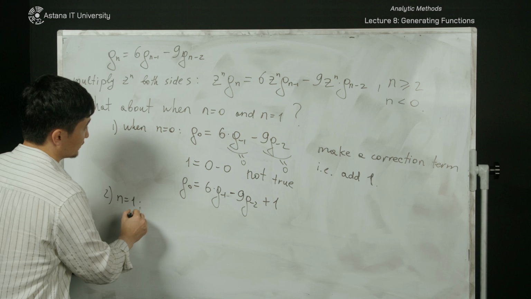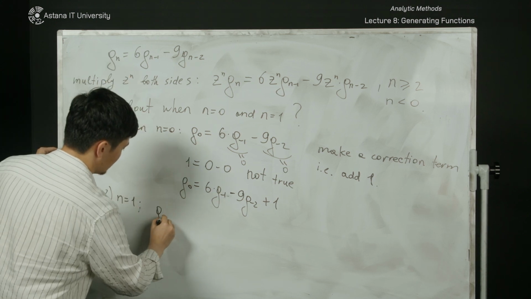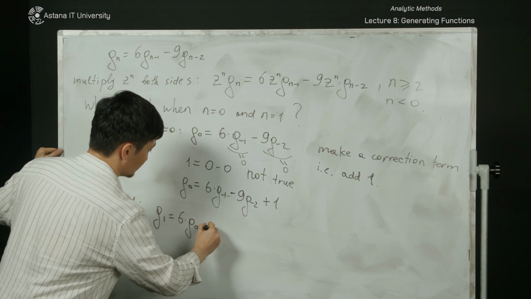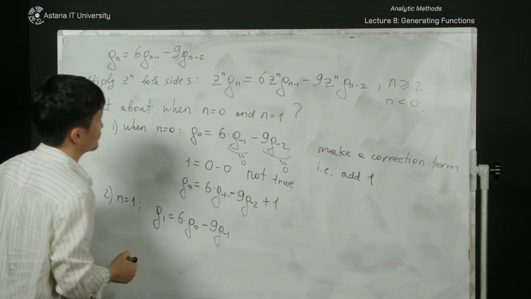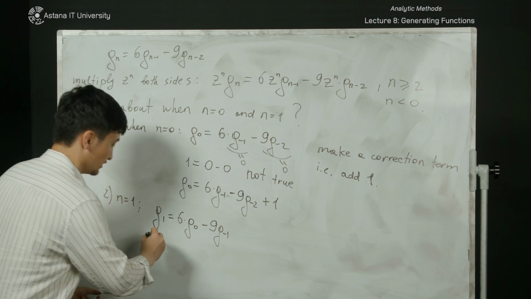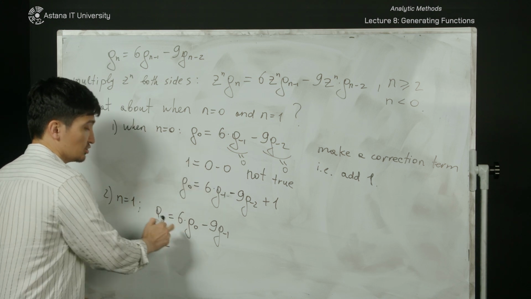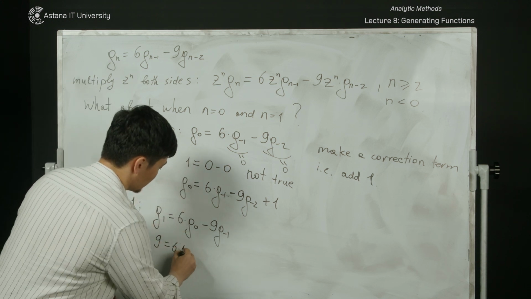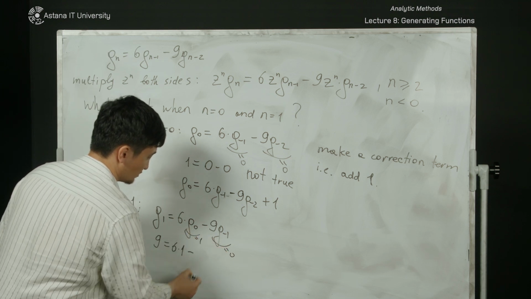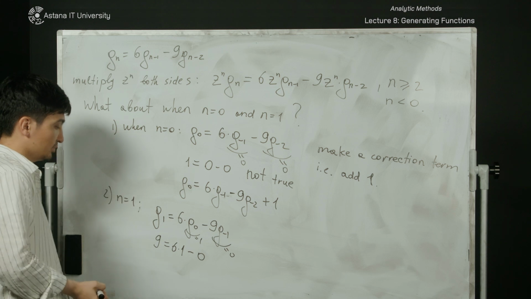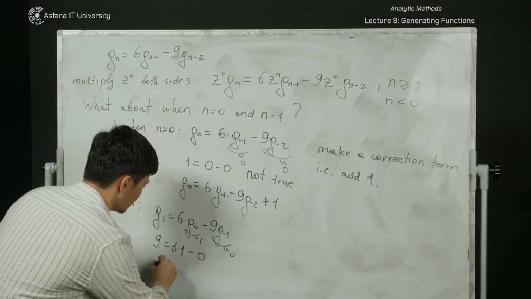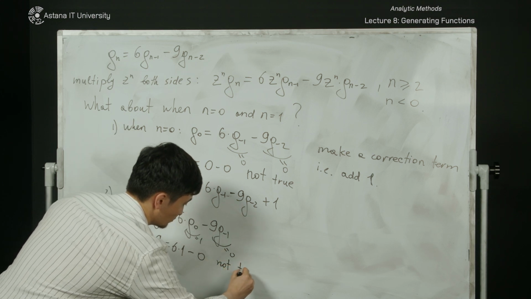When n equals 1, I will have g_1 equal to 6 times g_0 minus 9 times g_{-1}. By the condition of the problem, g_1 is equal to 9, and g_0 is equal to 1, so I have 9 equal to 6 times 1 minus 0, which is 6. So 9 equals 6, which is not true.